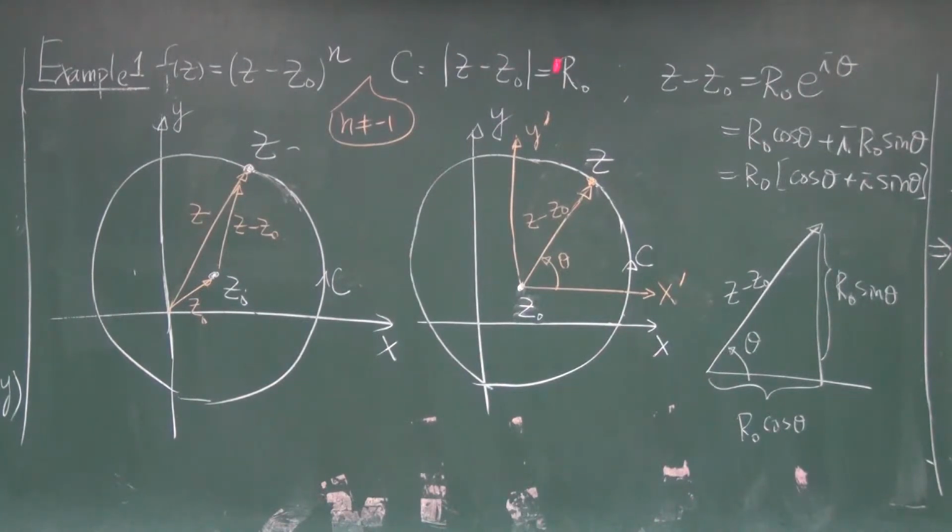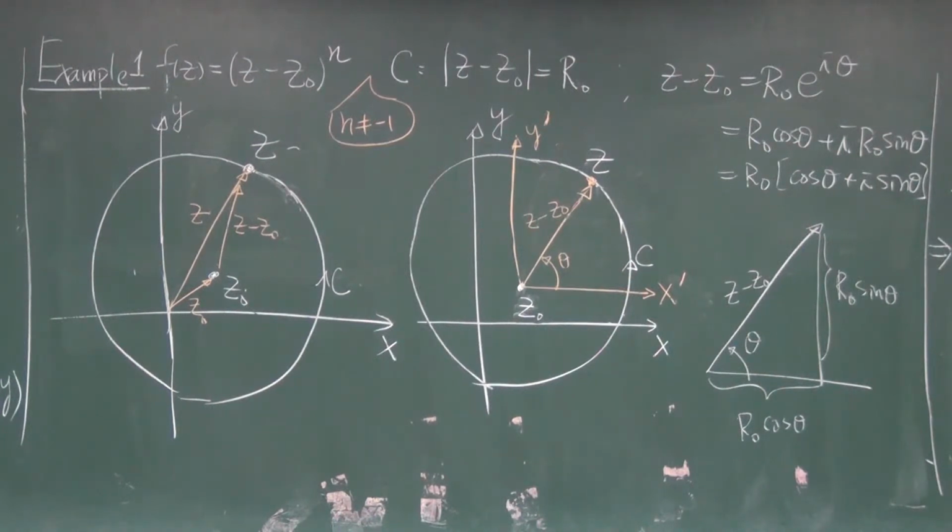The center of the circle is z0, and the radius is r naught. We draw the picture here. We have the circle C here, this is the center, and this is a typical point along the circle. We can draw a vector here, and the vector connecting z and z0 is z minus z0.